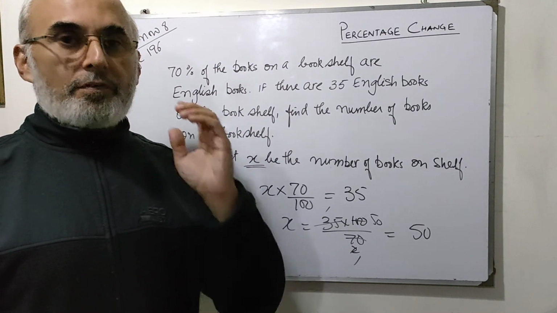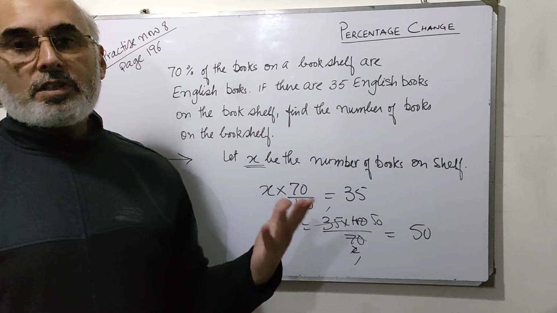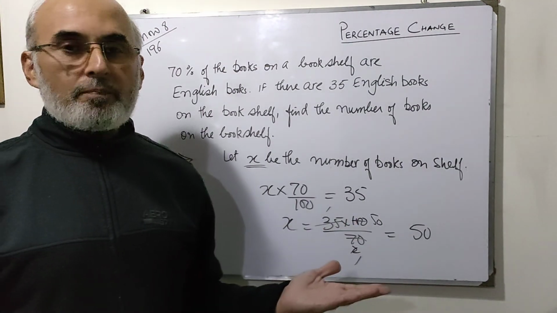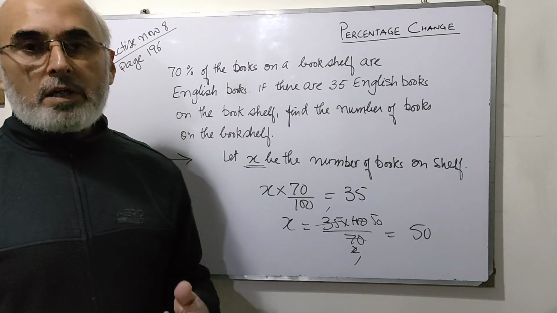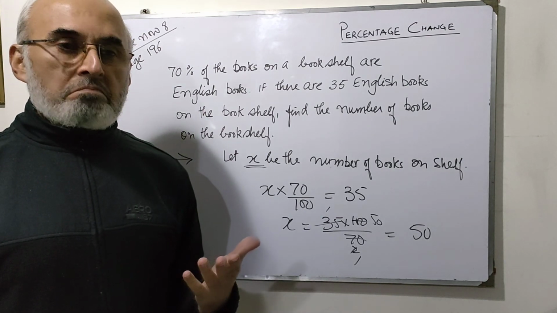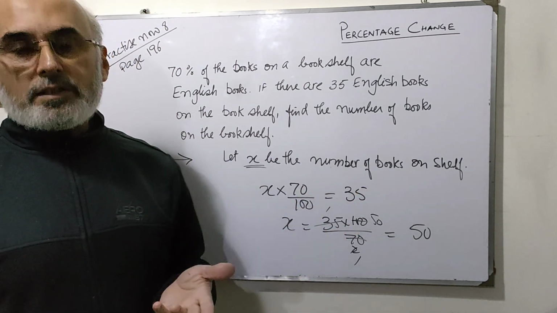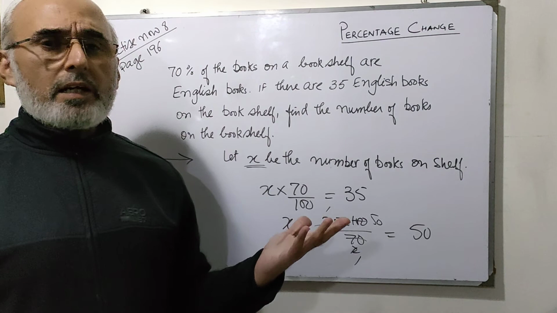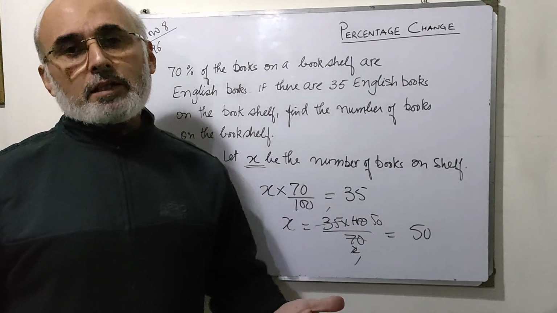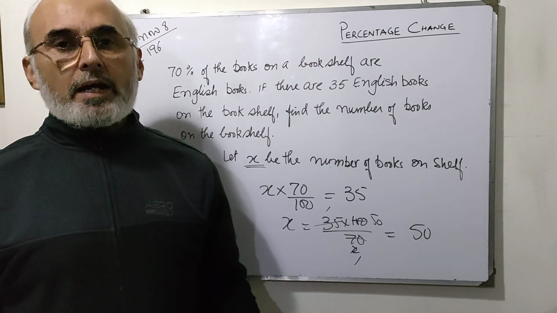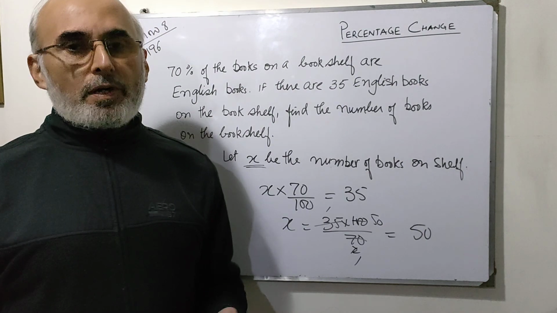So I hope you have understood how to find the original number if the percentage is given, and we have to use a variable to find the original number. I have also applied the same method to find the increased number or the decreased number, and we have applied the direct method, which to me is quite convenient. So thank you very much for now.